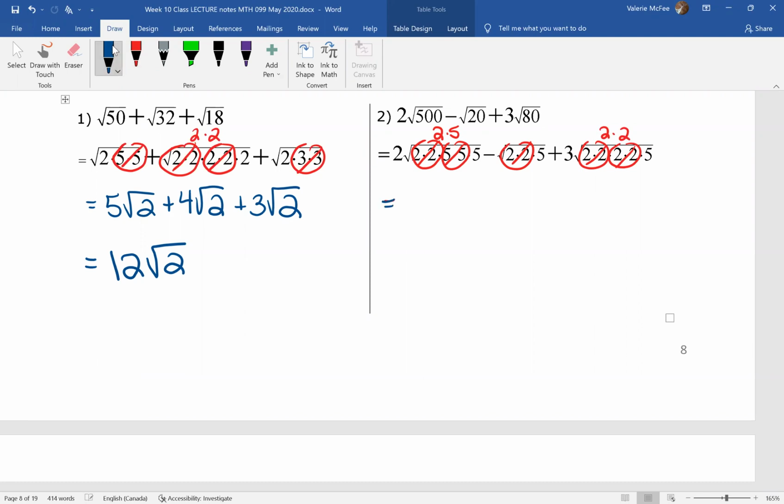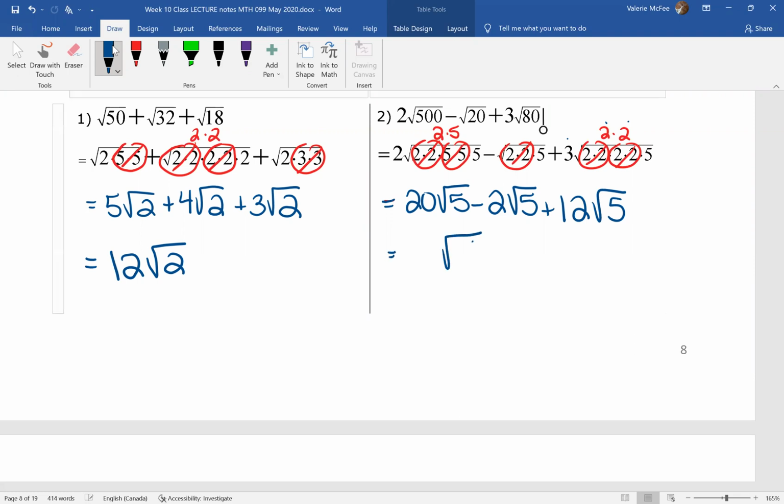We have 2 times 2 times 5, that's 20 root 5, minus 2 root 5, plus 3 times 2 times 2, 12 root 5. Again, we have like radicals. Remember, you keep that radical and add and subtract the coefficients. 20 minus 2 is 18, plus 12, 30.